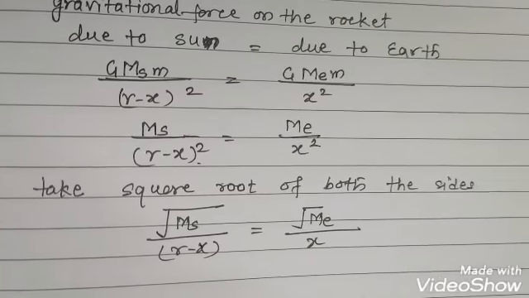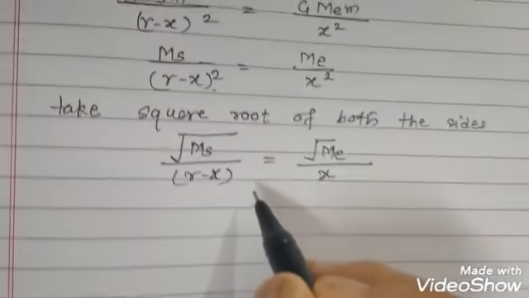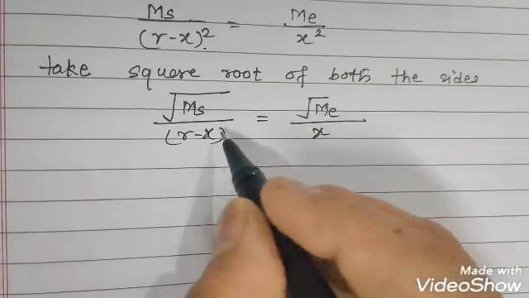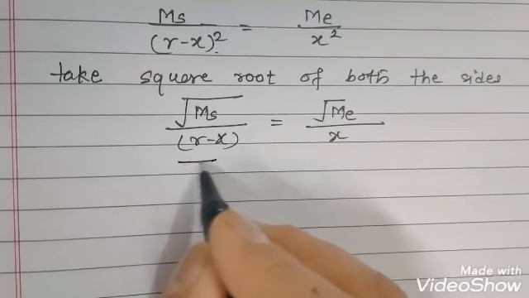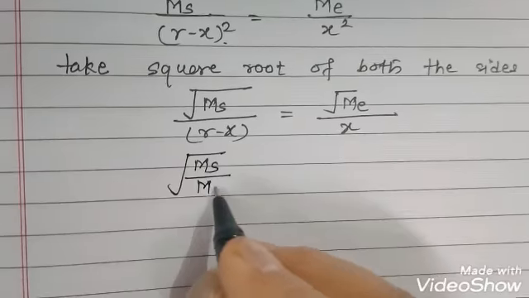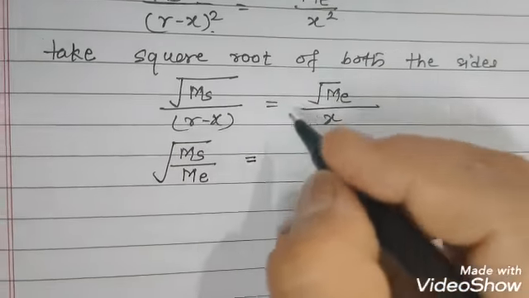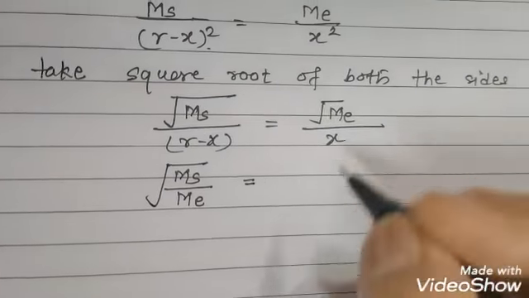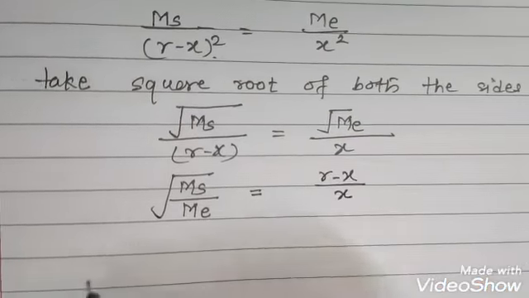Now we'll take the ratio. While taking the ratio, I'm just taking r minus x here, that is root of Ms upon Me, and that is equal to r minus x upon x.